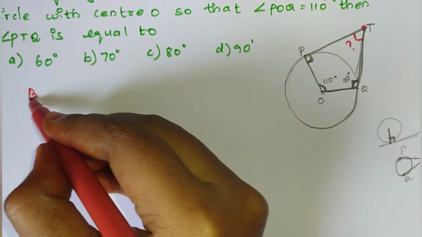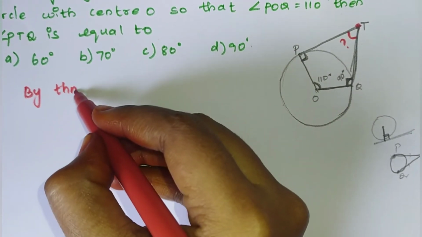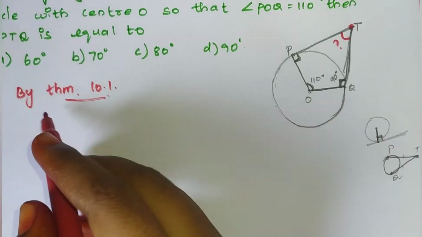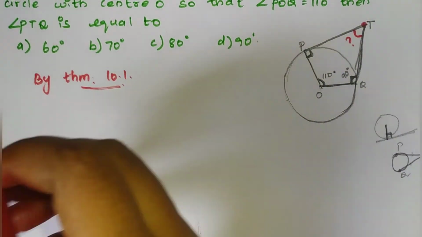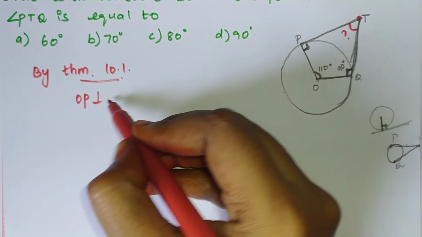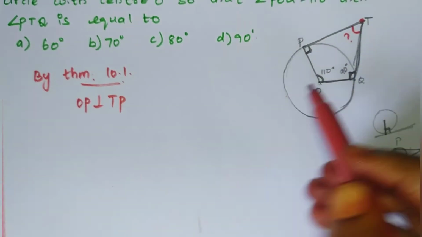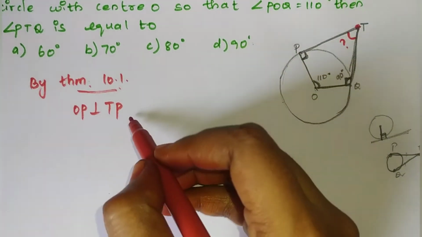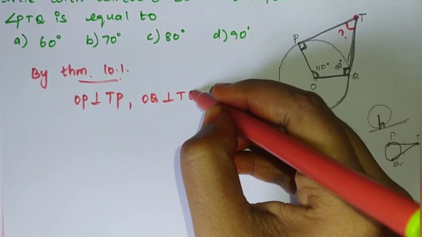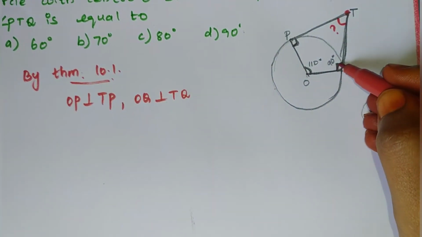So by theorem 10.1, write the statement. By theorem 10.1, we can tell that OP is perpendicular to TP and OQ is perpendicular to TQ.